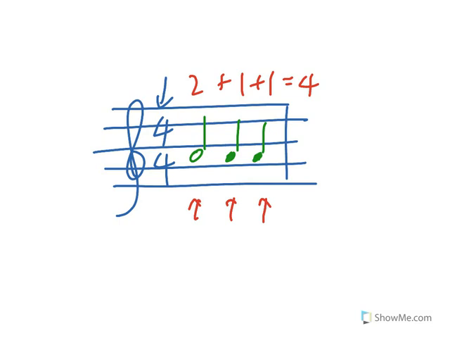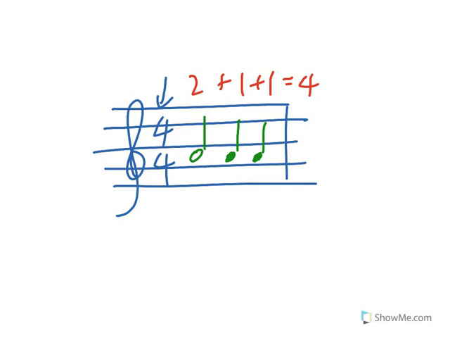I'm going to play the notes where the first note is 2 beats, the second note is 1 beat, and the third note is 1 beat. Okay, so you notice that the first note lasted 2 beats, the second note lasted 1 beat, the third note lasted 1 beat, and as I repeated it, it added up to 4.